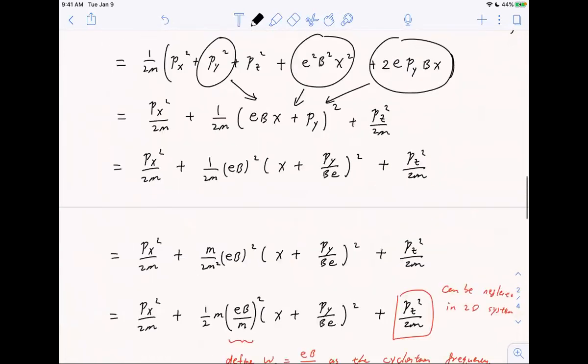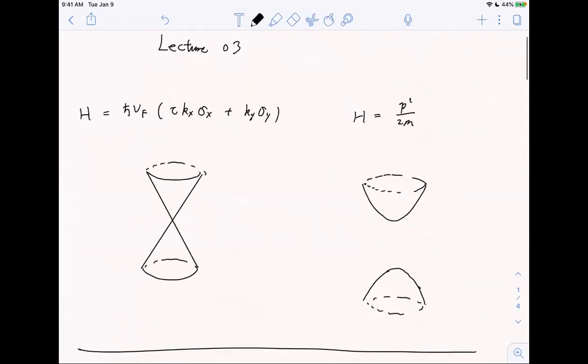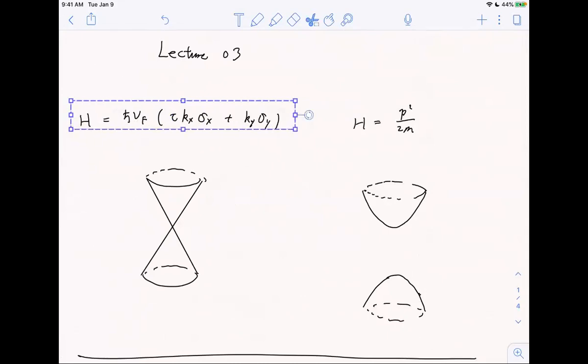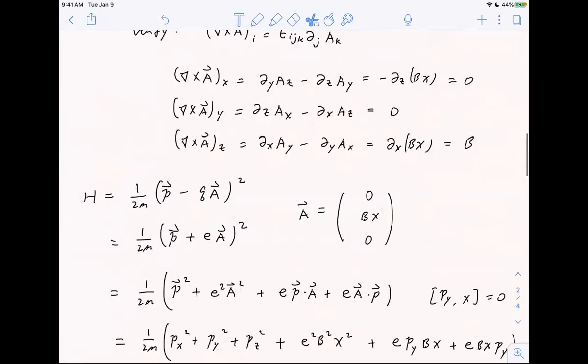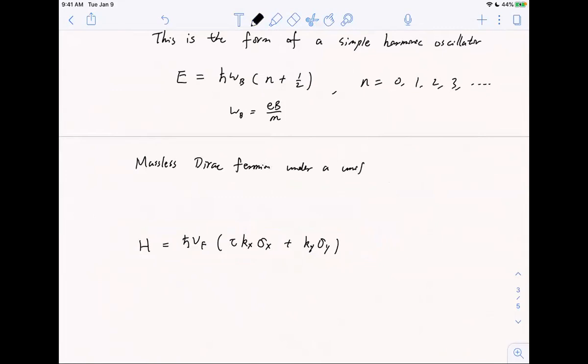So now let's consider this Hamiltonian, for fermions under uniform magnetic field.